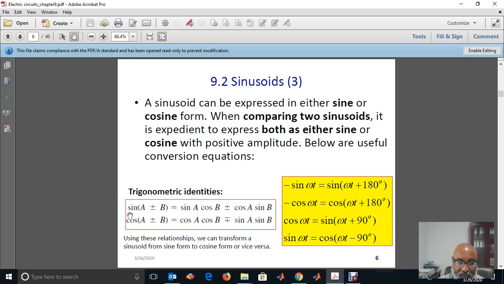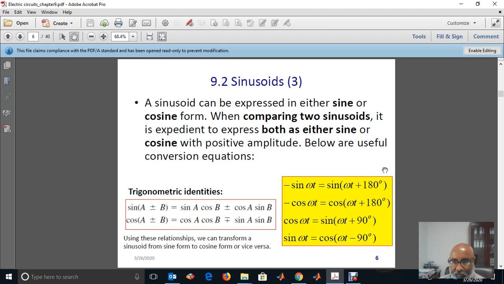So we need some trigonometric identities. For example, sine(A plus or minus B), as you know from your math course, is sine A cos B plus or minus cos A sine B, and cos(A plus or minus B) is cos A cos B minus or plus sine A sine B.